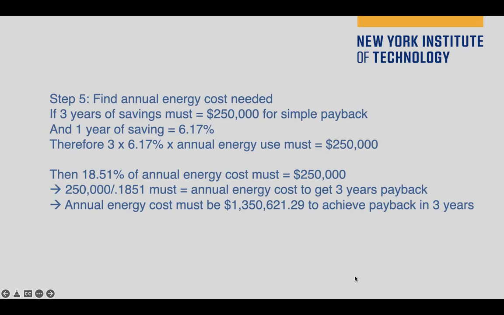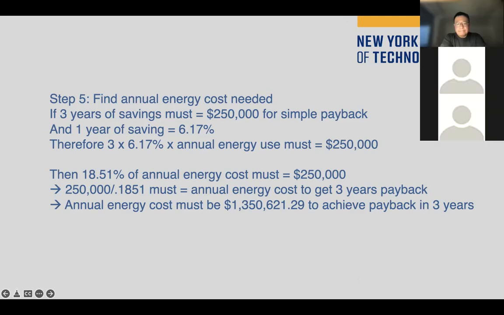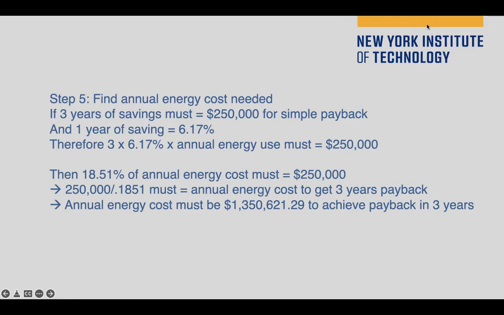Any question on that? How did you calculate the annual energy use?